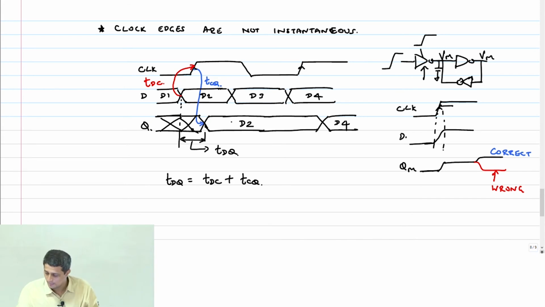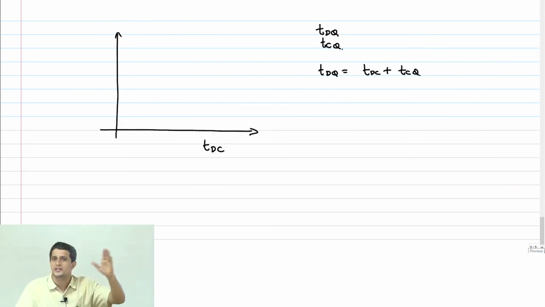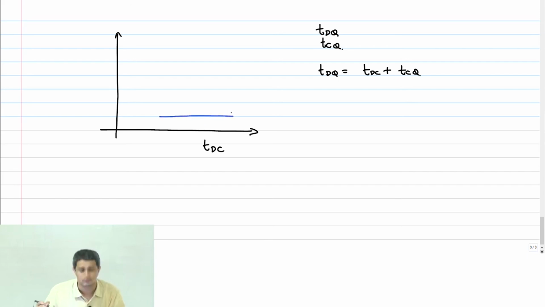Yeah, it will be minimum, because the data change has settled correctly. There is no metastability problem. The feedback loop would have settled, and the output also will appear very quickly. Therefore, if you look at my TCQ for large TDC, it will be some minimum value.